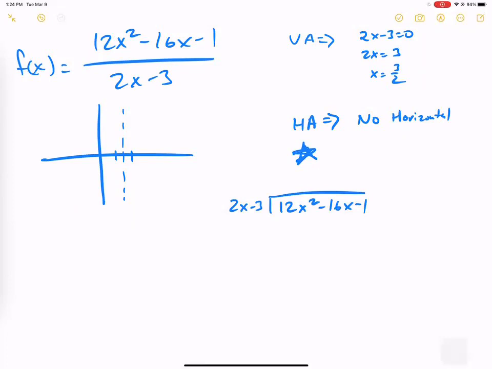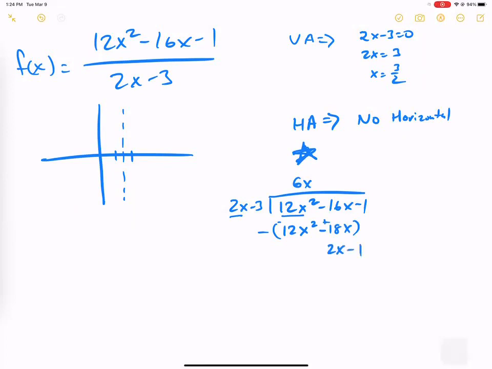So let's go ahead and divide it. 2x goes into 12x 6x times. Okay. We multiply down. We end up with 12x squared minus 18x. Minus, plus. We end up over here at 2x minus 1. Keep going.